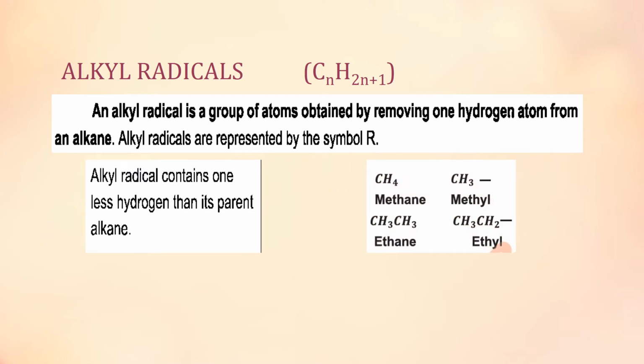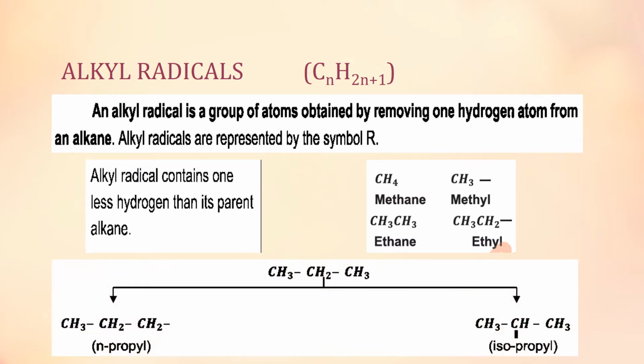It means when you remove one hydrogen atom from the alkane, the remaining compound is called the alkyl radical, and it is represented by the symbol R. Alkanes have the general formula CnH2n+2, and when you remove one hydrogen from this alkane, an alkyl radical is formed, which has the general formula CnH2n+1. It means it has one hydrogen atom less than the parent alkane.